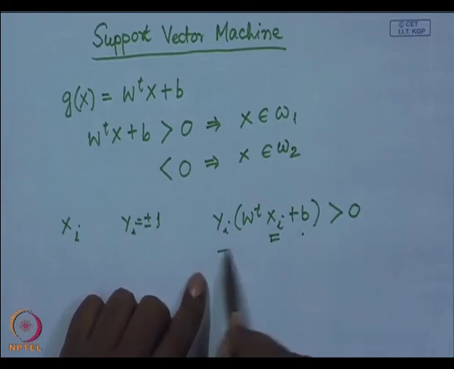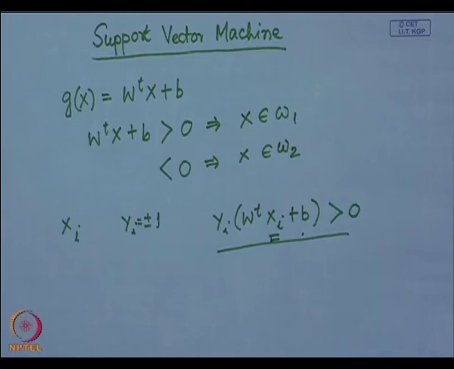And this is a concept that we actually used when we discussed the perceptron criteria, okay, for designing the linear classifier. That is, for every feature vector belonging to class omega 2, we negated the feature vector before we tried to design the classifier.